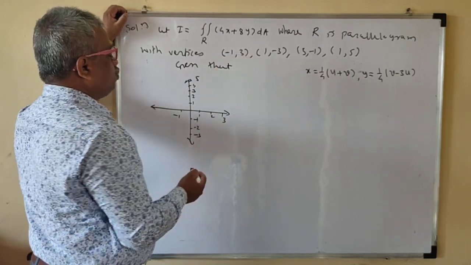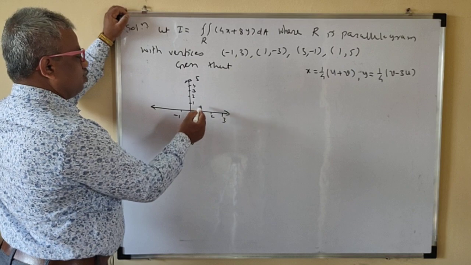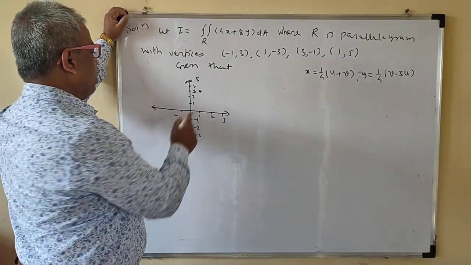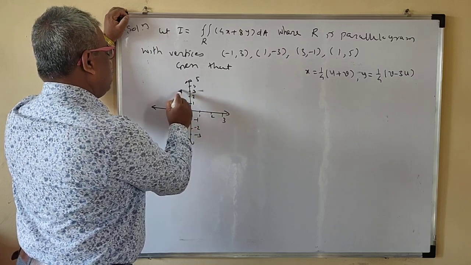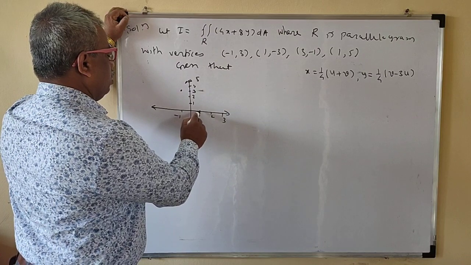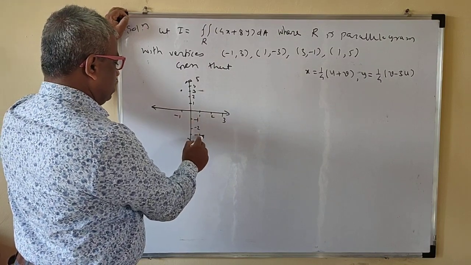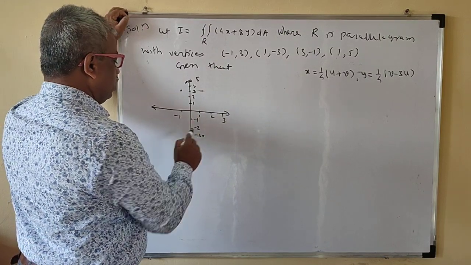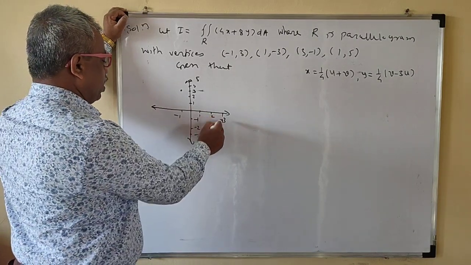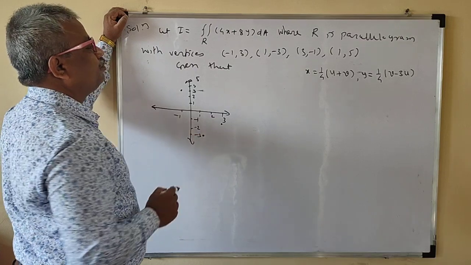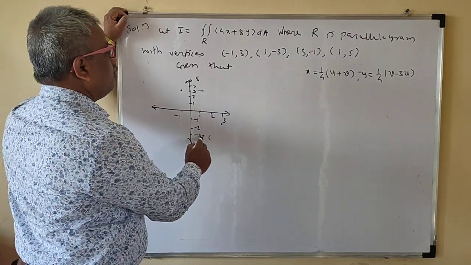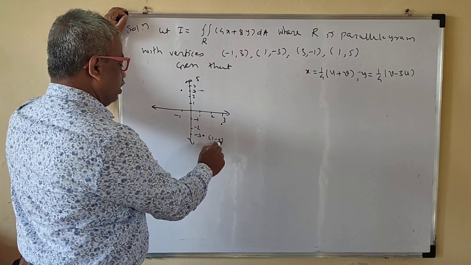The point minus 1, 3 is here. Then the point 1, minus 3 is here.